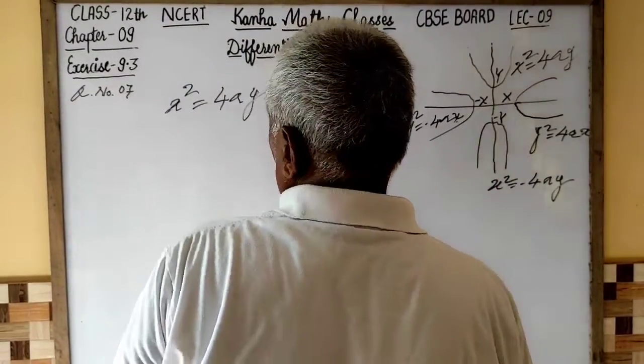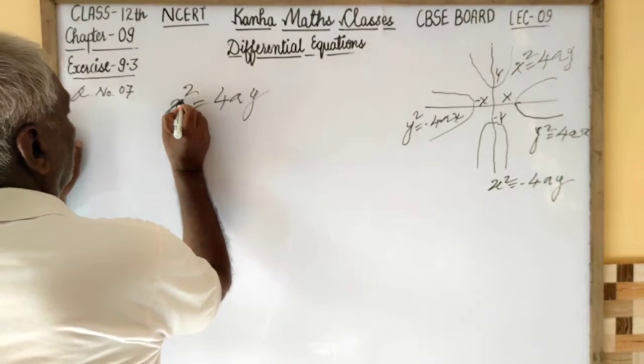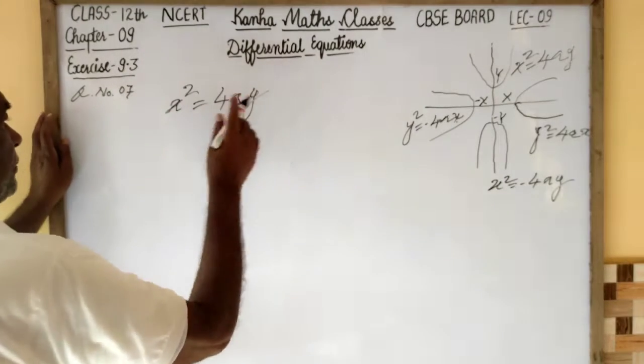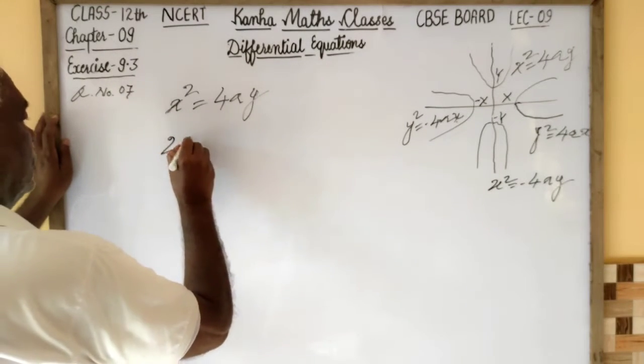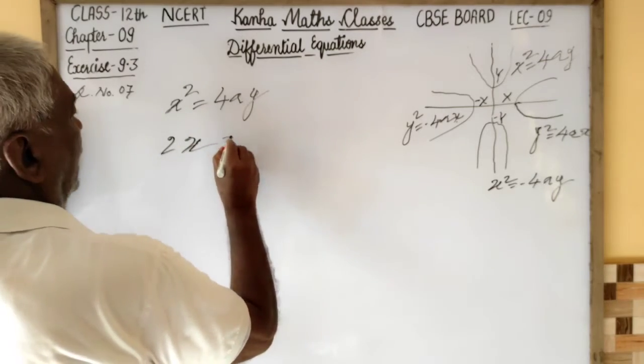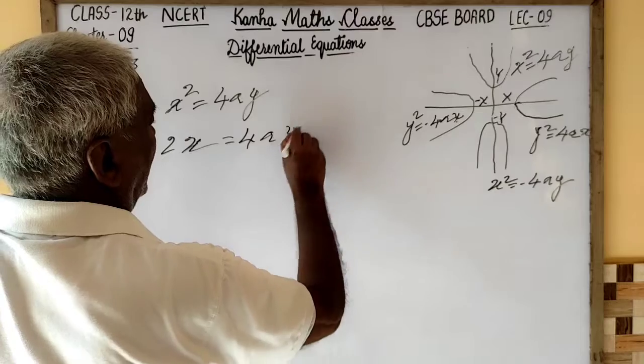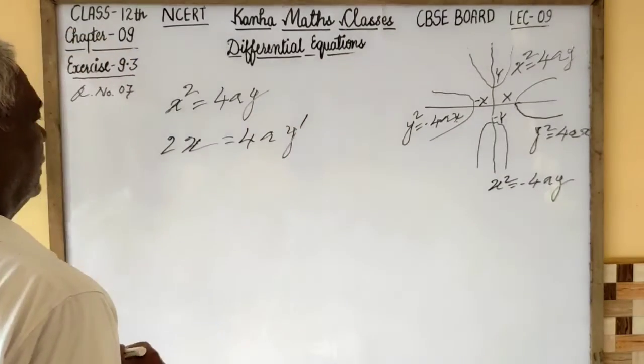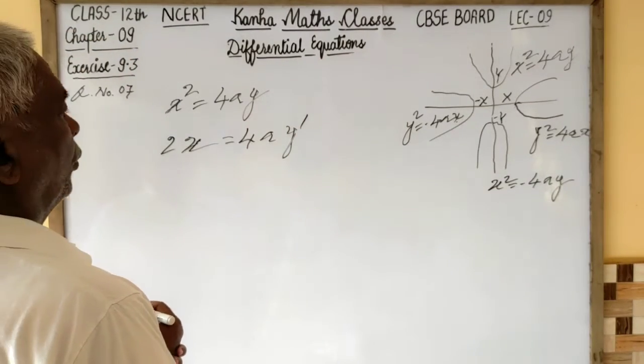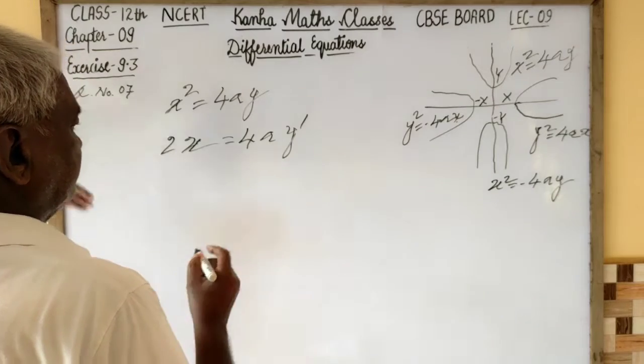Now if we take the derivative of this equation, this will be 2x is equal to 4ay dash.